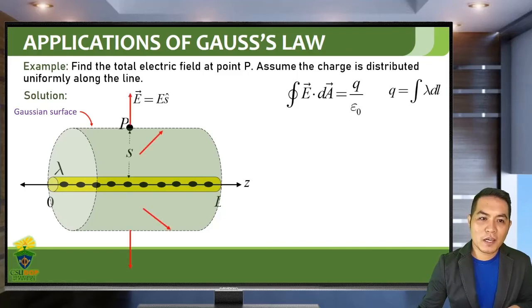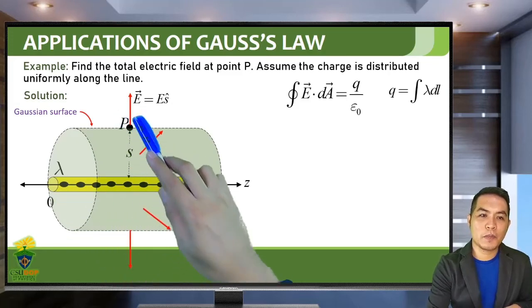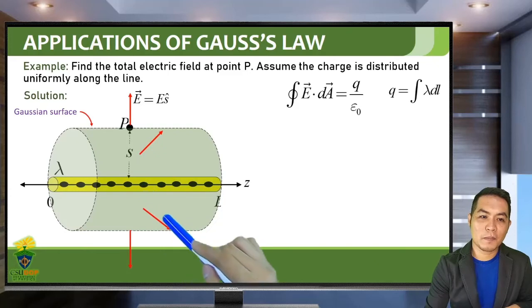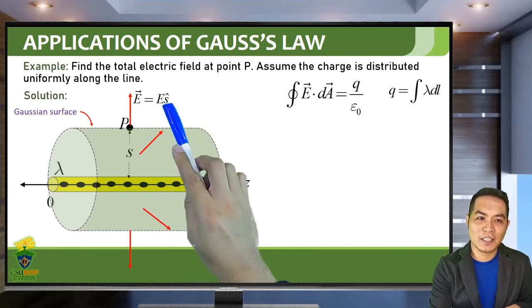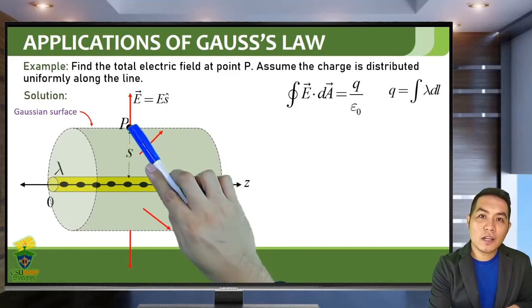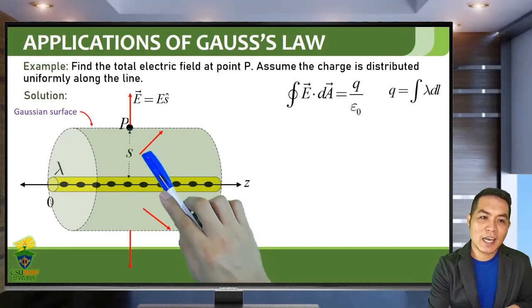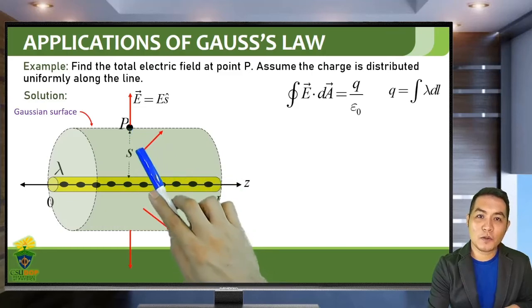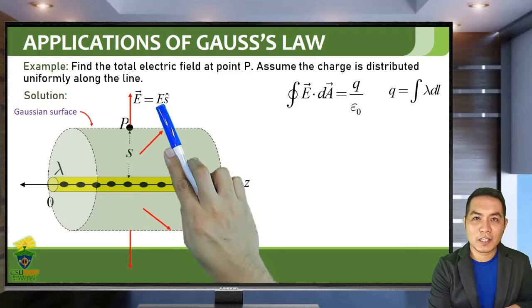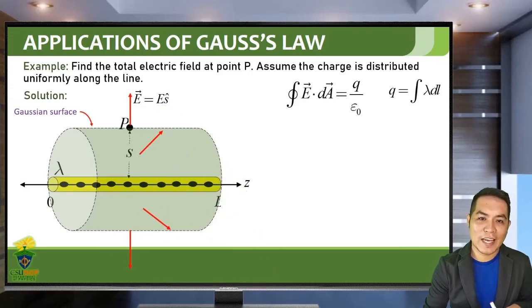If you have a positive line of charge, then the electric field will be radial along the two-dimensional radius, so s hat. The electric field at all distances s from the line charge will be the same. Therefore, the electric field magnitude will be constant, and its direction will be s hat.